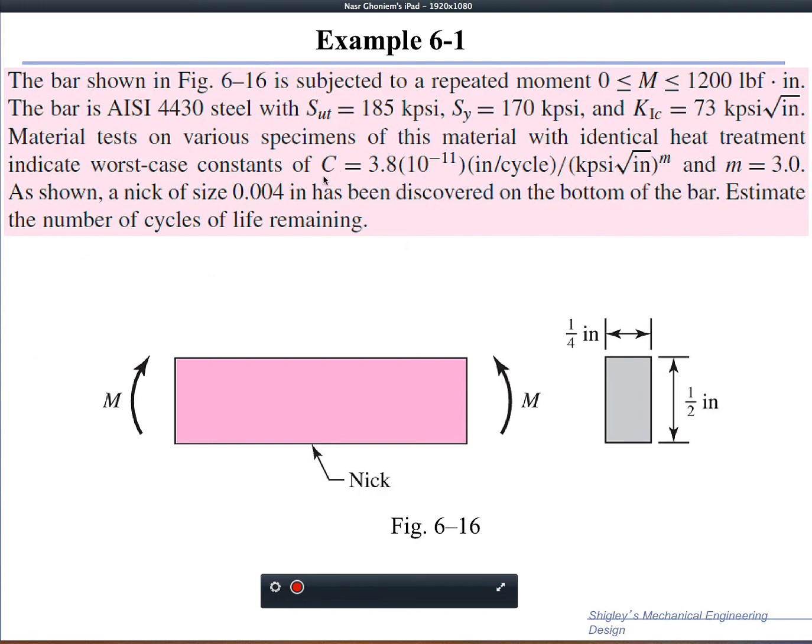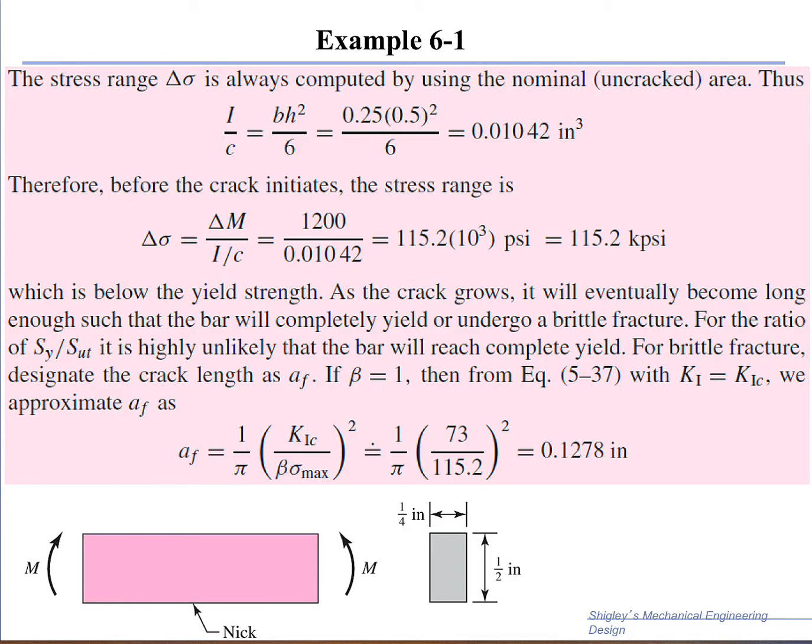We have the two constants, C and m, for the material. From the inspection, a nick of 4/1000th of an inch has been discovered, and it is going to propagate. The first step is to calculate delta sigma.